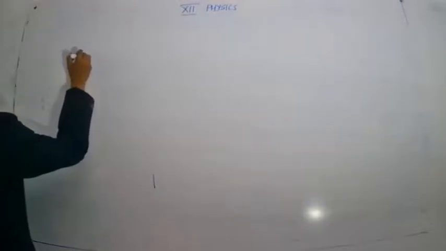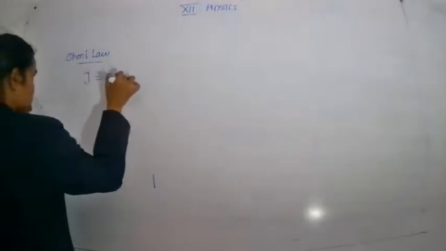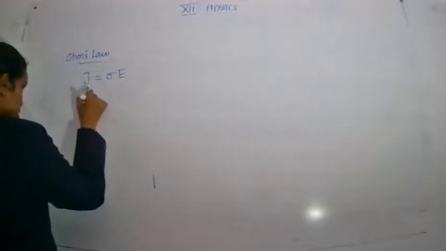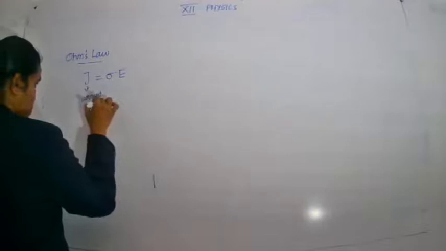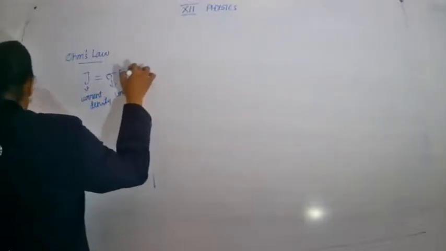What is Ohm's law? Okay, so we already know the current density J equal to sigma E, where J is the current density, sigma is the conductivity, and E is the electric field.